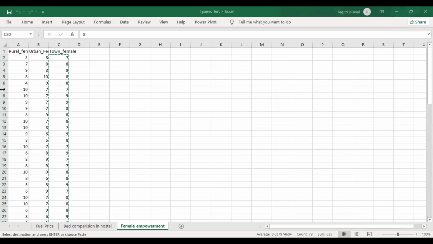Again, we have this kind of data set, and because we have three areas, in region we will do three areas: one for rural areas, two for urban areas, three for semi-urban areas.